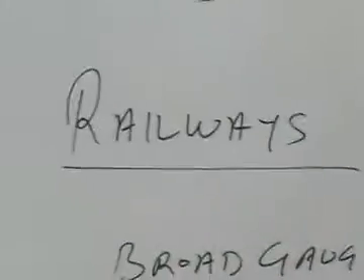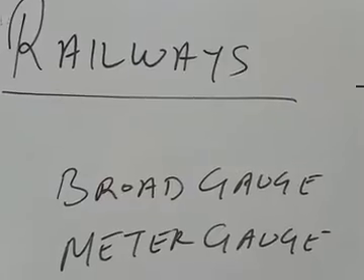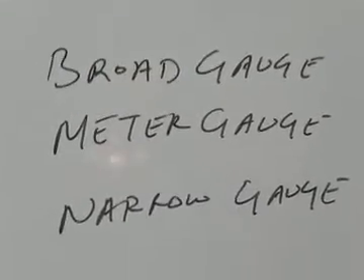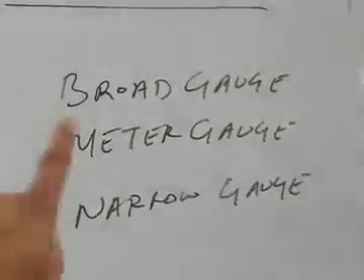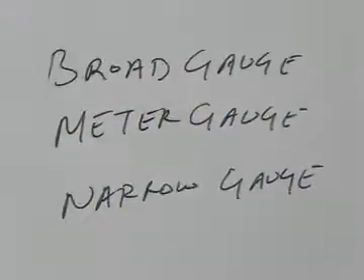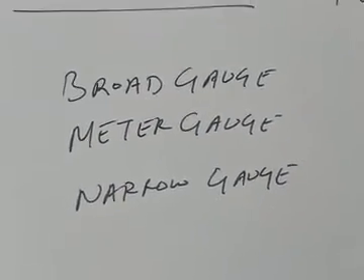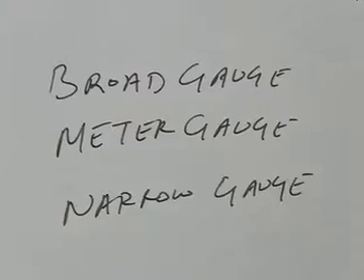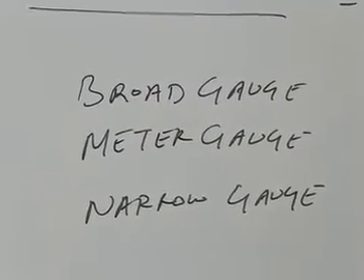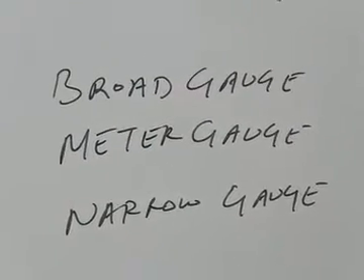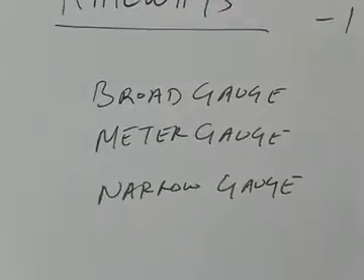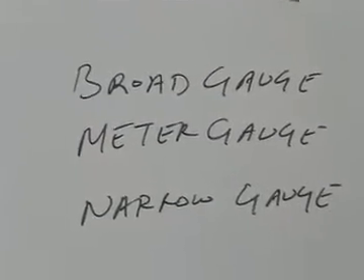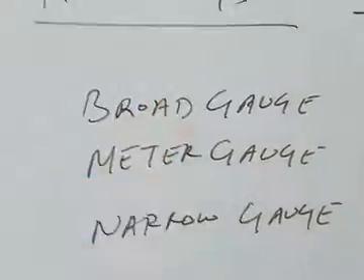There are three types of railways found: broad gauge, meter gauge and narrow gauge. The broad gauge are the fastest tracks, which basically connect the ports of India with the different cities, so you find the fastest trains running on the broad gauge.